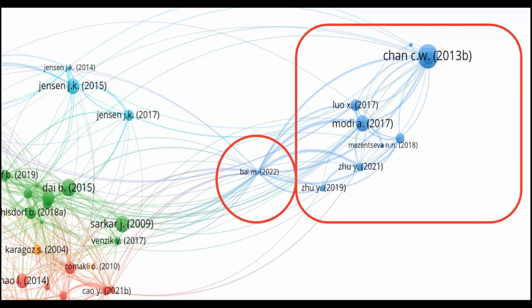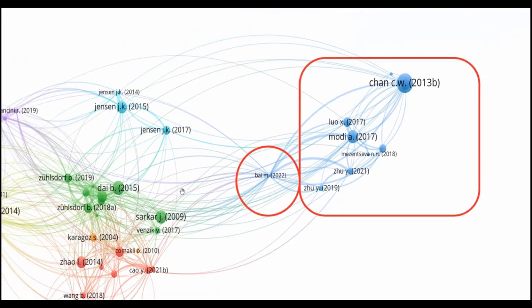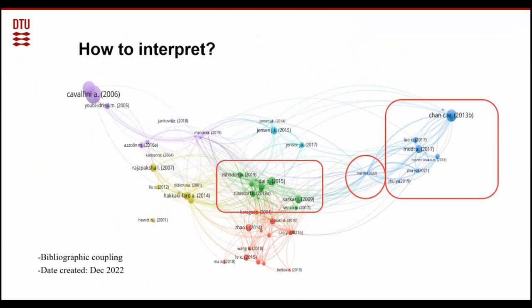But you can see a lot of lines, a lot of links between other papers. It shows that this paper is a review paper. We use this review paper a lot. It gives us a lot of ideas. These green circles are located in the middle of the picture.